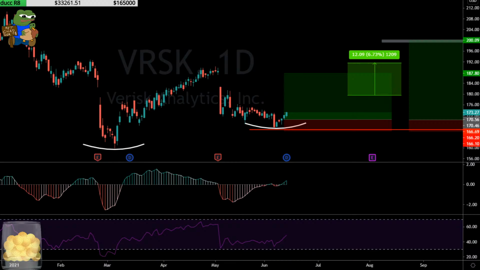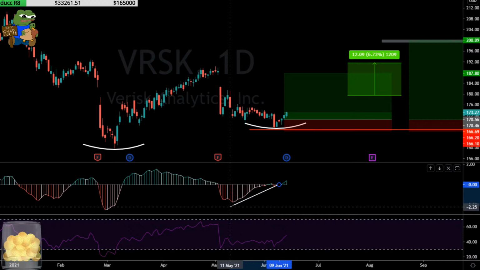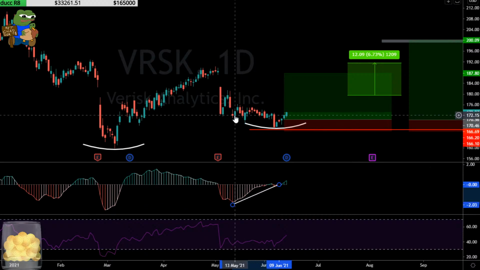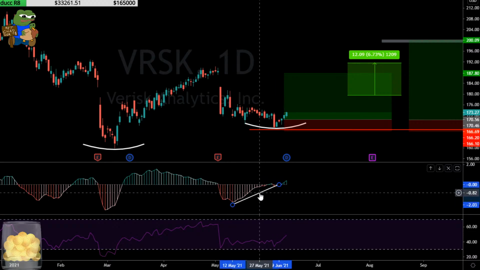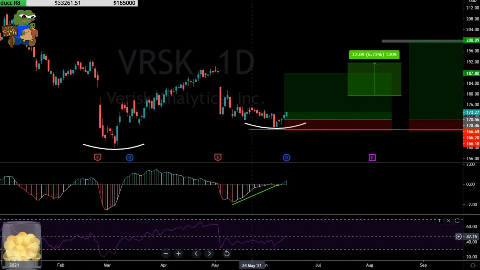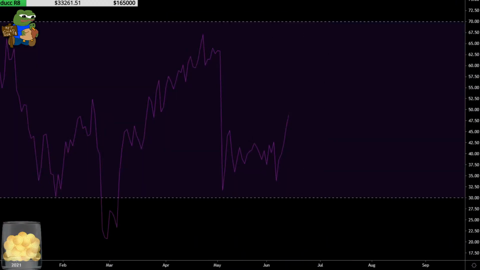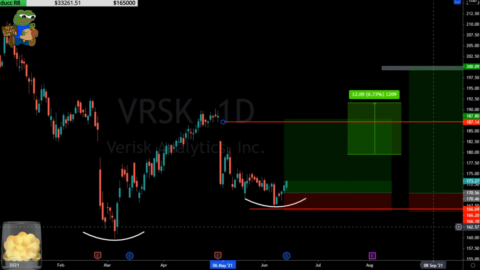Divergences are there on the daily, where you had much lower low on price with much higher levels of negative momentum. Class A bullish divergence. On the RSI, you also had Class A bullish divergence. This is starting to play out. We are looking for a gap fill up here at $187.